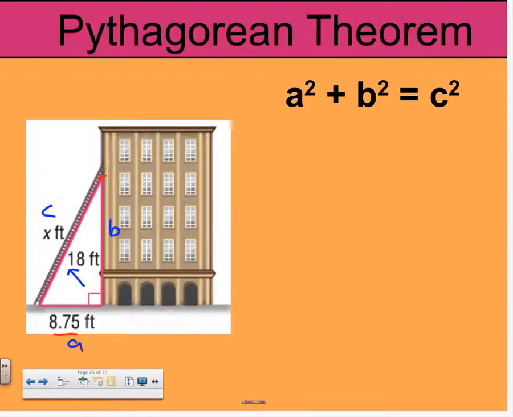So I know that A is 8.75. That's going to be squared. I know that B is 18, so that's going to be squared, and I do not know what C is. So now I simply take the steps to solve the problem. If I take 8.75 and square it, I'm going to get 76.5625.